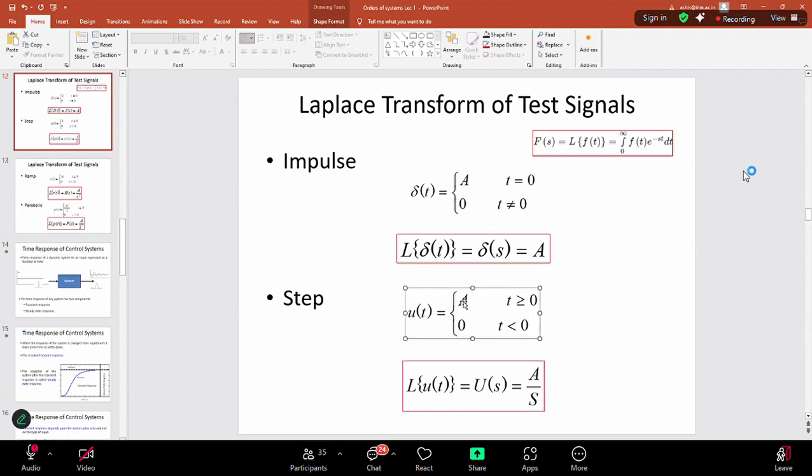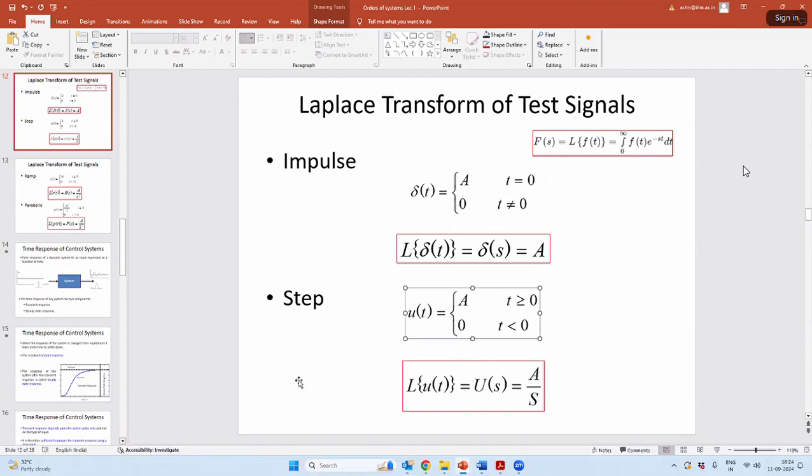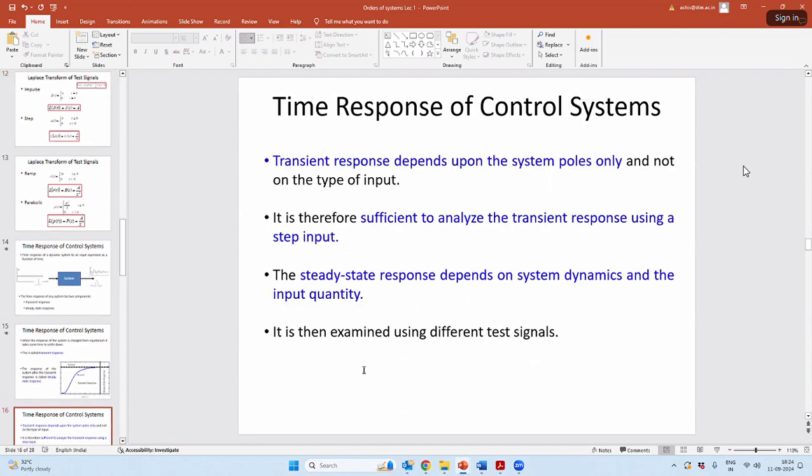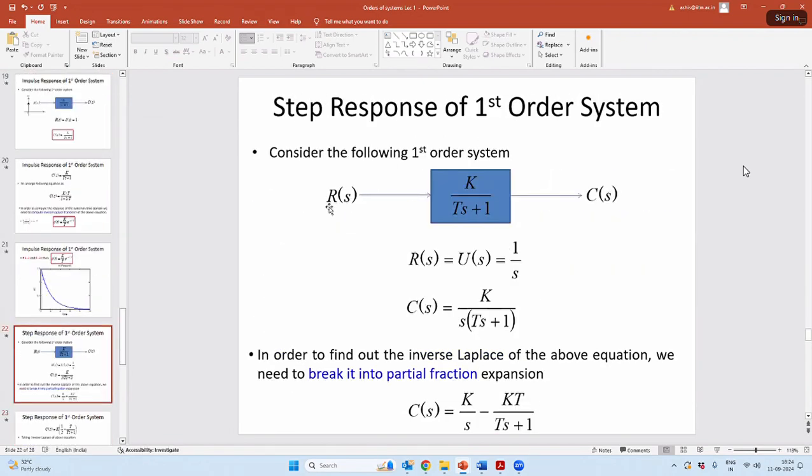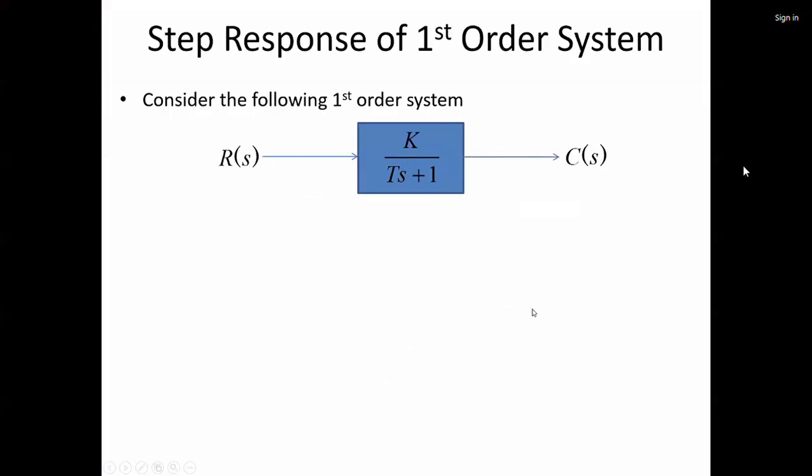In this case it is a by s, but if a is 1, then it will be 1 over s, right? So that is what we see here. Let's say our input is a unit step signal. So for a unit step signal, in the frequency domain, your input will simply be 1 over s.